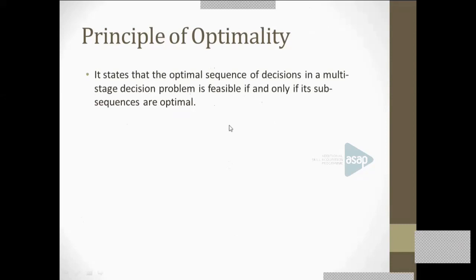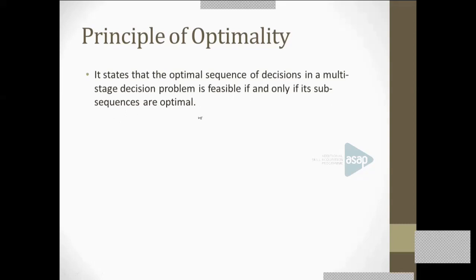Then that principle is correct to optimal policy, and this is actually called the principle of optimality. It states that an optimal sequence of decisions in a multi-stage decision problem is feasible if and only if its subsequences are also optimal. This is very important. If and only if its subsequences are also optimal.